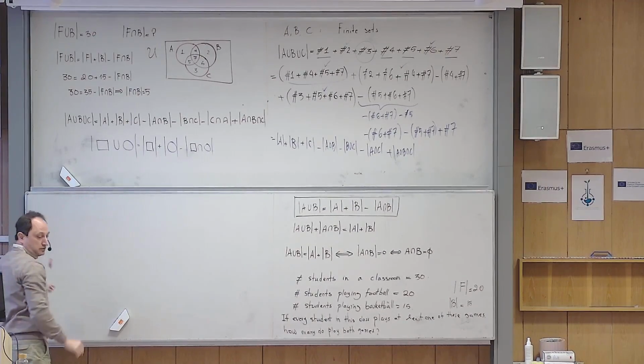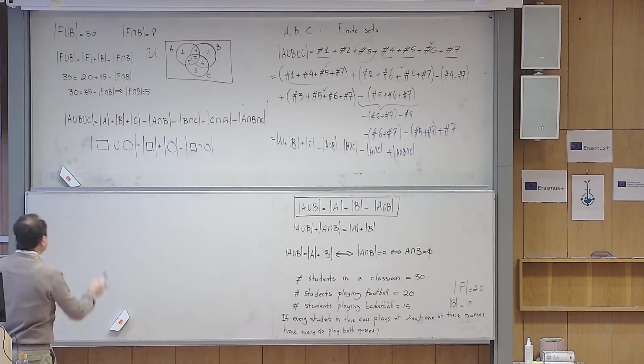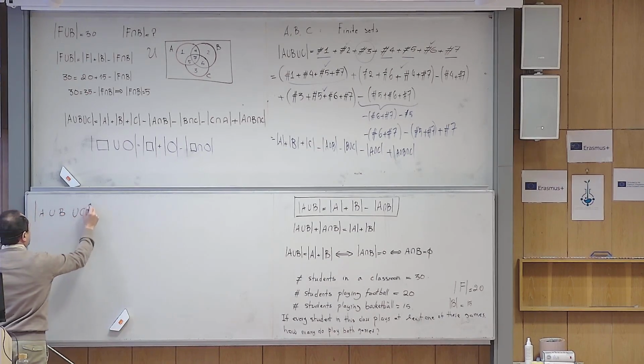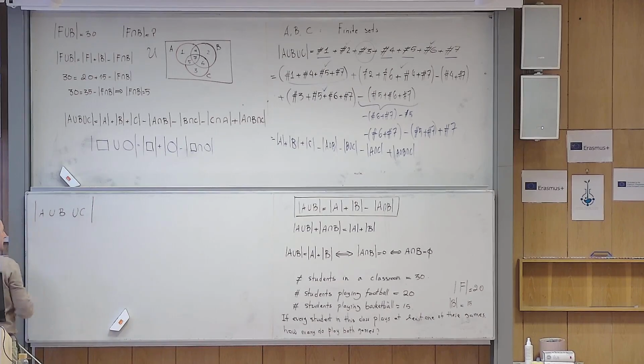Okay, so let us try to do this. I will start from the left-hand side here. I would say that A union B union C, even though this is the union of three sets, I can call this one the box, and then I will consider this one my circle.